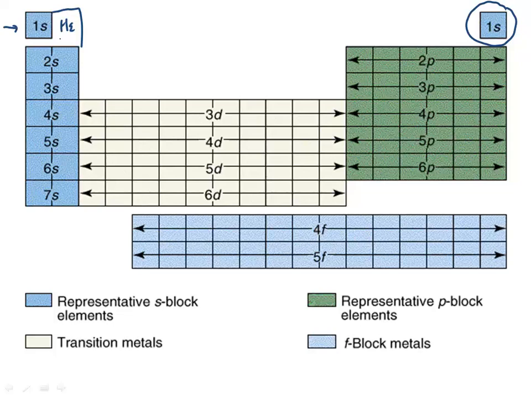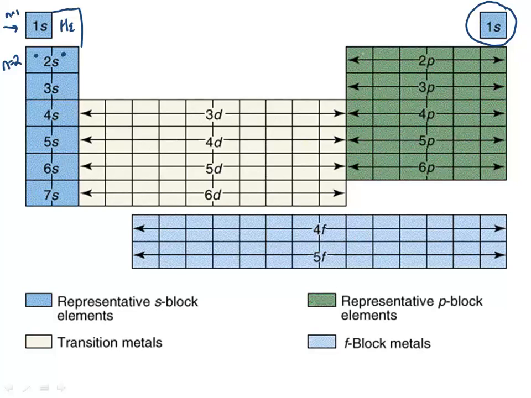Notice that we had our 1s orbital first, and this represented our n equals 1 quantum number. So that whole first row is n equals 1, and our second row down is n equals 2. For that, we had our 2s orbital and then our 2p orbital. For our 2s orbital, it's got 2 places for electrons.